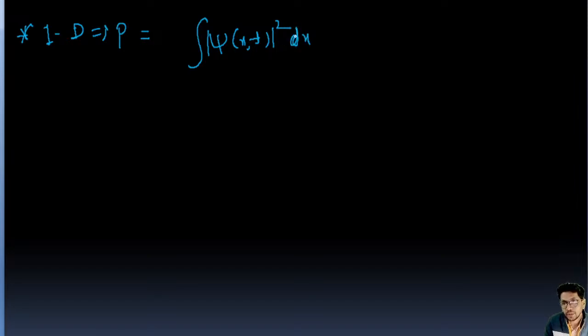This is the probability of finding the particle in 1D. And what will be the unit of the wave function? The unit of the wave function for 1D is going to be 1 upon root L.